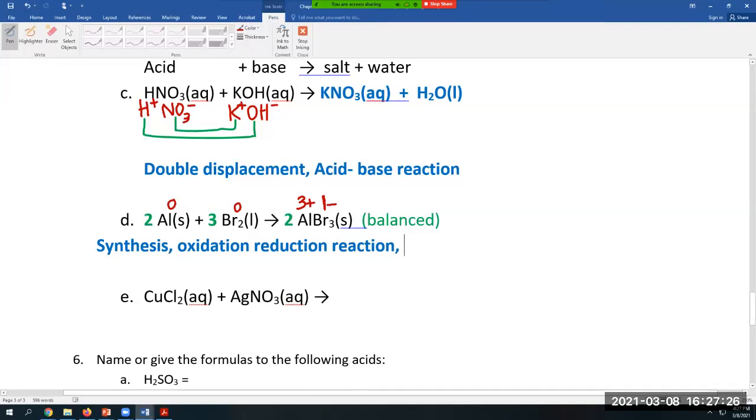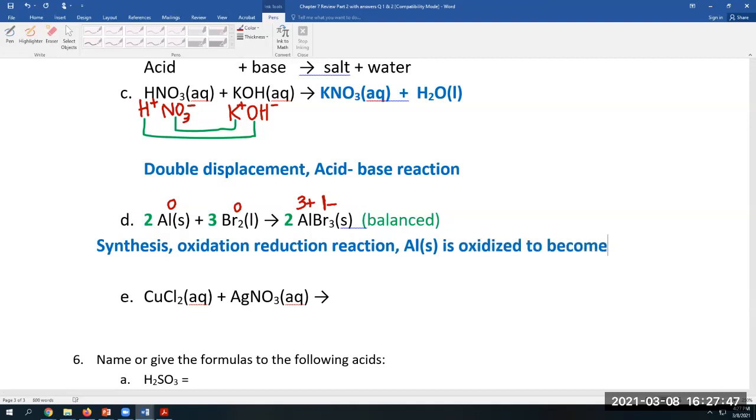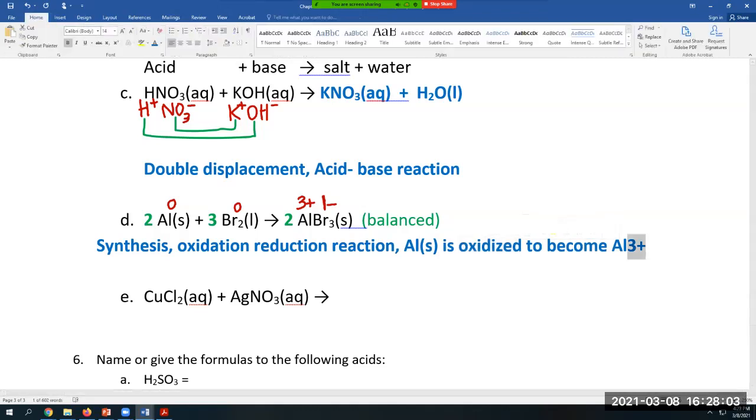So it is an oxidation reduction reaction. We can see that the aluminum and the bromine change oxidation state. And so aluminum at first is the solid, and it is becoming aluminum 3+. So it is oxidized to become Al3+, right? Because to become a positive ion, you need to lose electrons. So losing electrons means you are oxidized. So that's for aluminum.